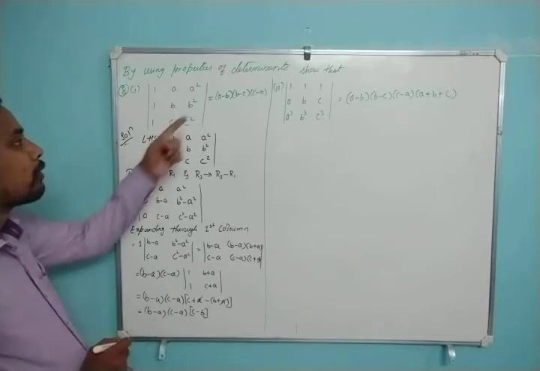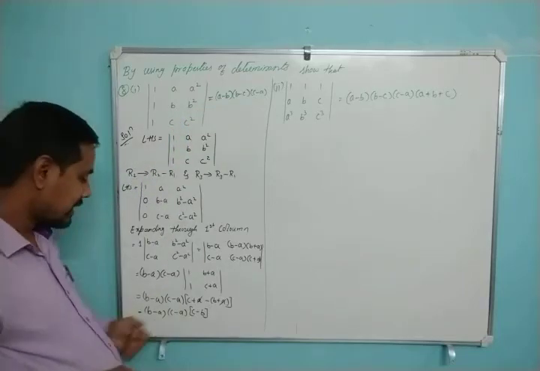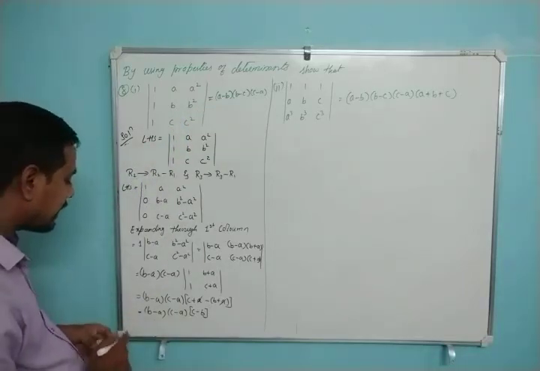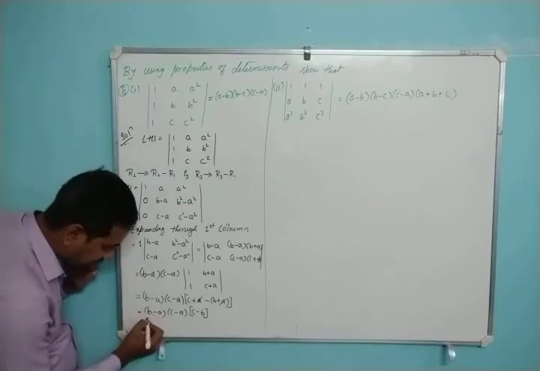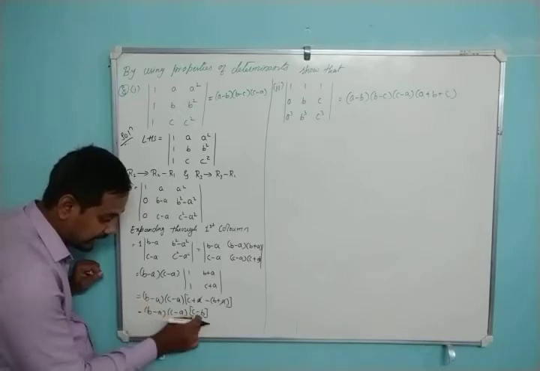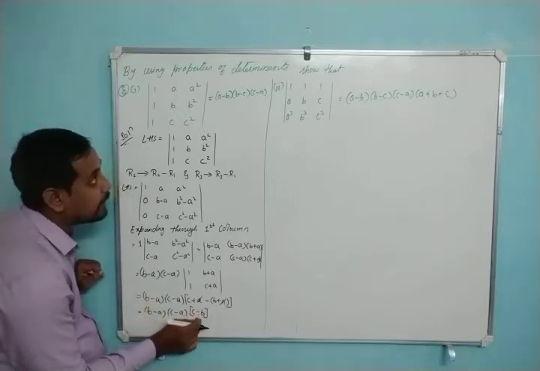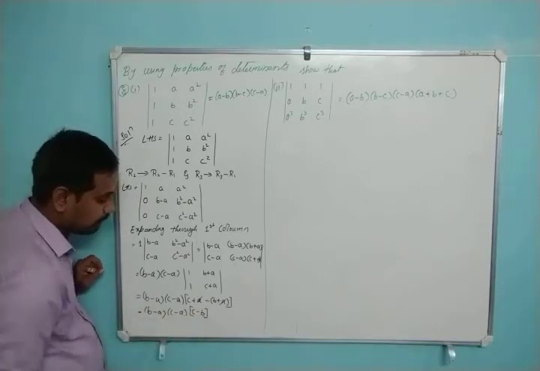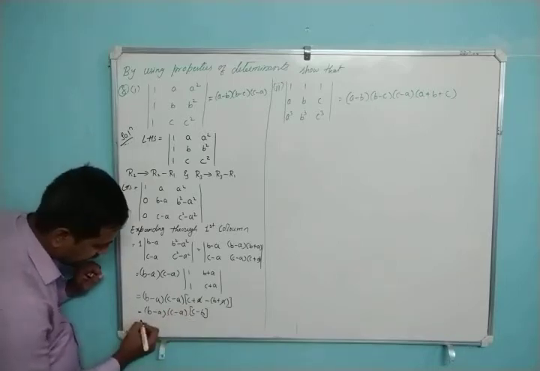So what we got? What we want is a minus b, b minus c, c minus a, right? So b minus a, if I reverse it, becomes minus of a minus b, and this, if I reverse, becomes minus of b minus c, right?